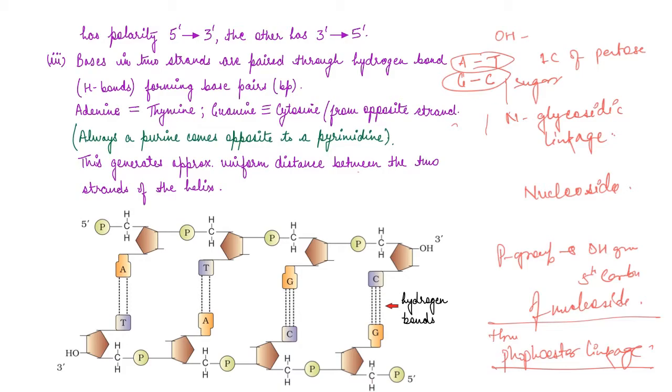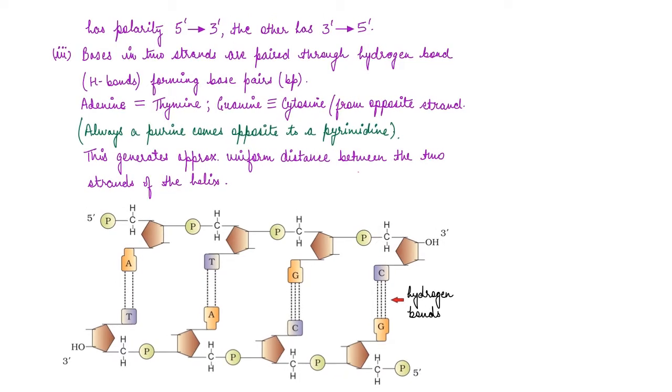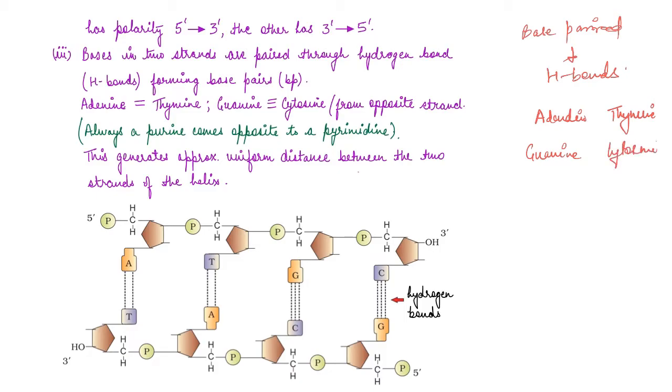Remember, the base pairs are joined by hydrogen bonds, and the pairing is always between adenine and thymine, and guanine and cytosine in the case of DNA, guys.